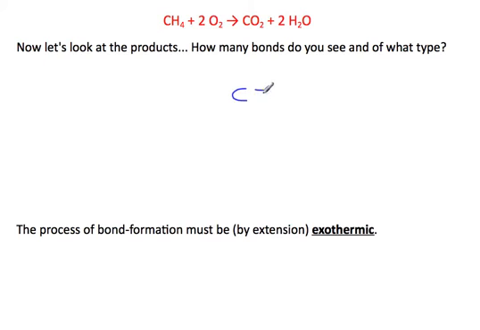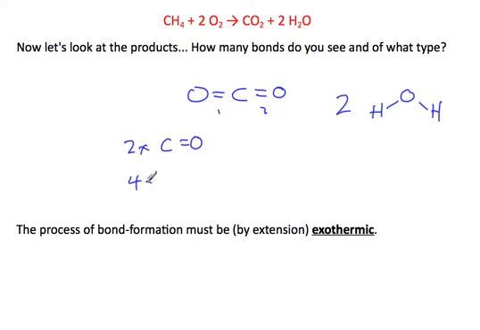So carbon dioxide, 2 double bonds, carbon oxygen double bonds. And my water, I have 2 moles of it, and that's that. So in terms of bonds, I have 2 times C double bond O, 1, 2 in the one molecule, and I have 4 times O bond H because I have 2 moles of 2 bonds.